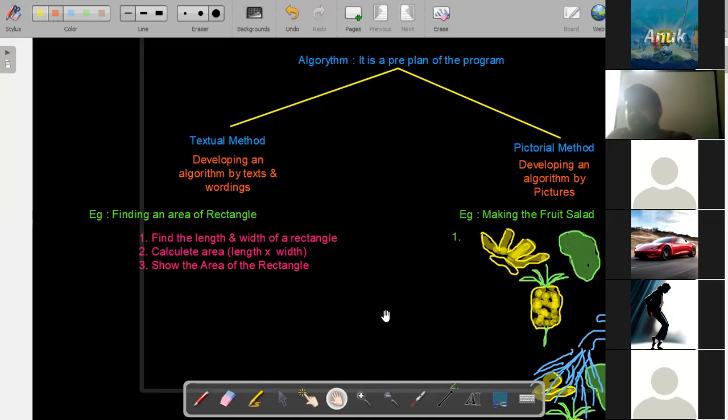But keep in mind, when developing an algorithm for a computer program by a textual method, there's a standard way to develop an algorithm.